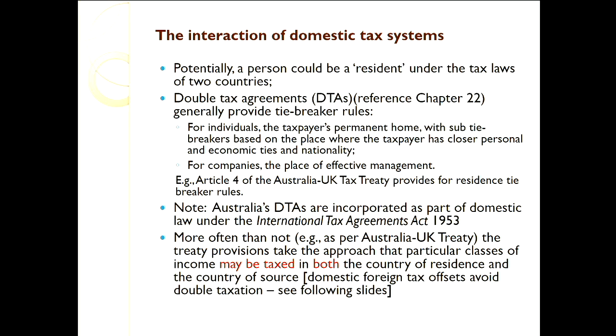Well, there are mechanisms to avoid double taxation. They exist. Actually, I think that the primary protection against that is in domestic law itself. So if we're looking at the Australian tax legislation, it's Division 770, the foreign tax offset. And that's the thing I want you to know, which is in a later slide.